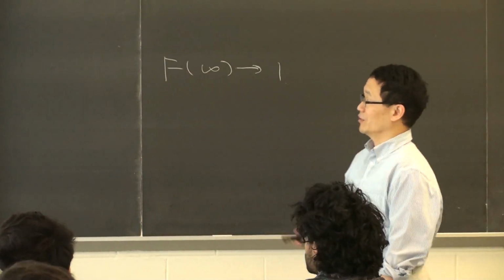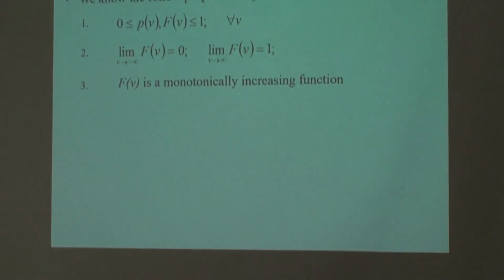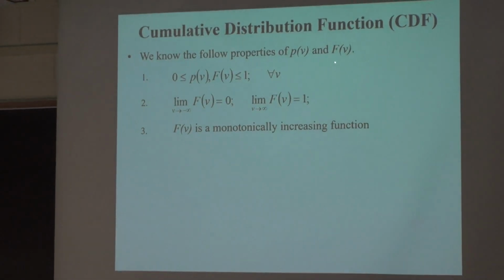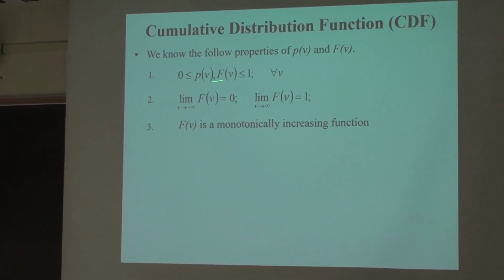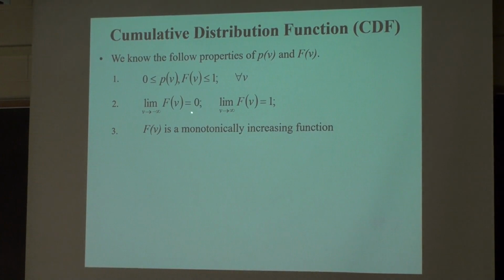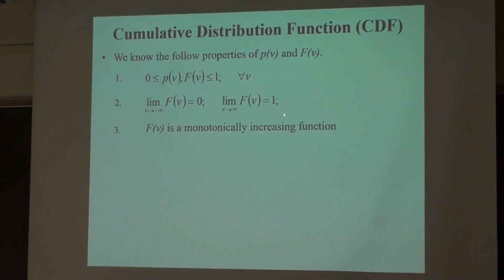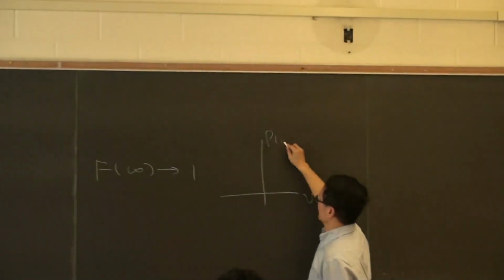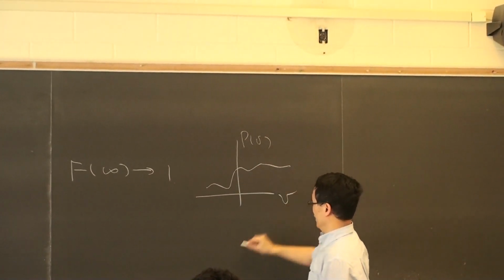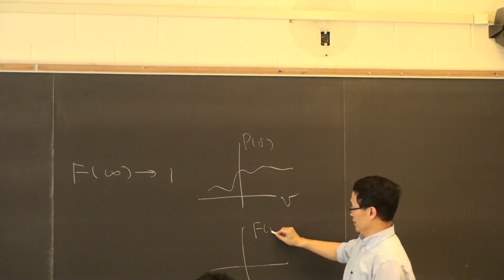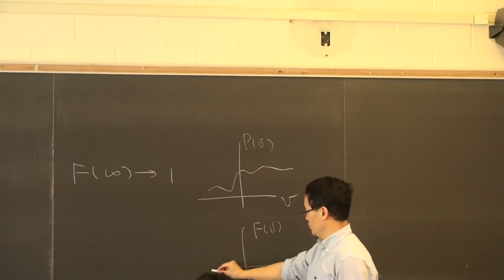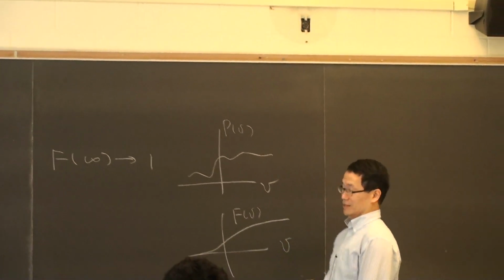So that is summarized here: our P and F will be between 0 and 1. At minus infinity, this is 0; at infinity, this is 1. And F(V) is always monotonically increasing. P(V) can follow whatever shape, but your F(V) is always monotonic like this.